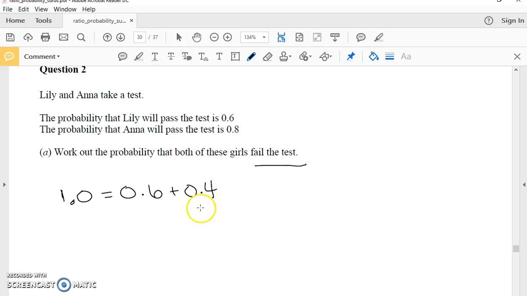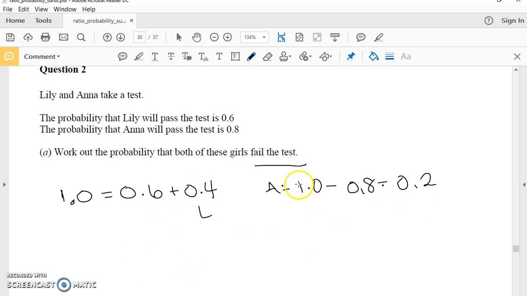And that's going to be Lily. And then for Anna, it's going to be, again, 1.0 minus 0.8 gives us 0.2. I wrote this out a little bit differently, but the same thing applies. I'm taking the whole probability minus the probability that she's going to pass, and that gives me the probability that she's going to fail.